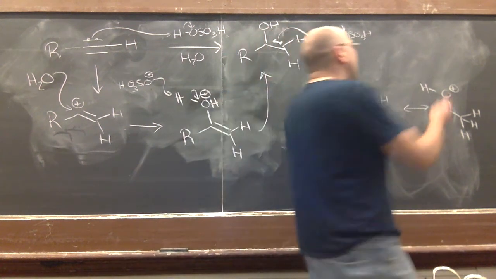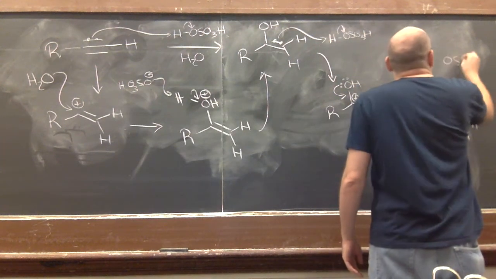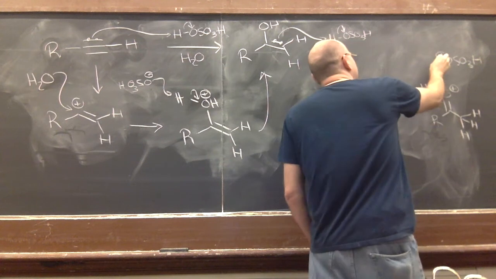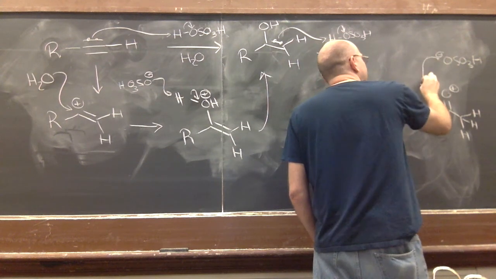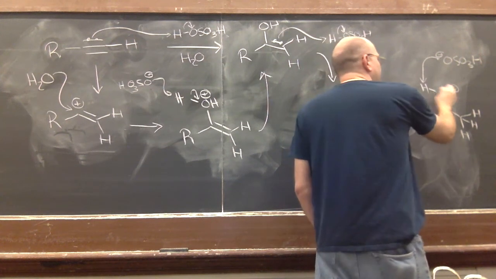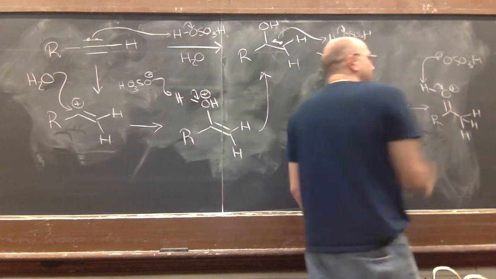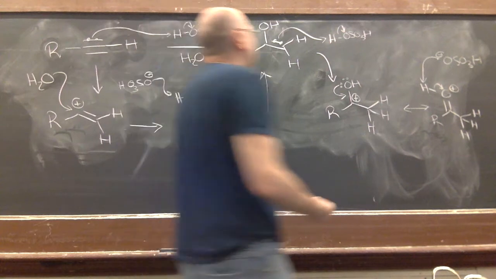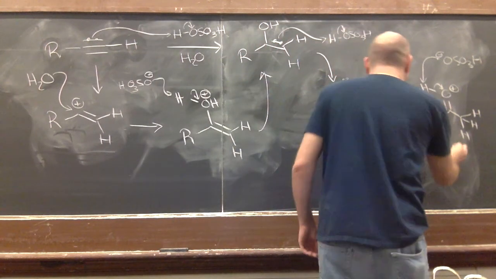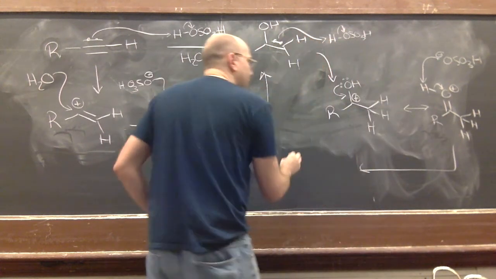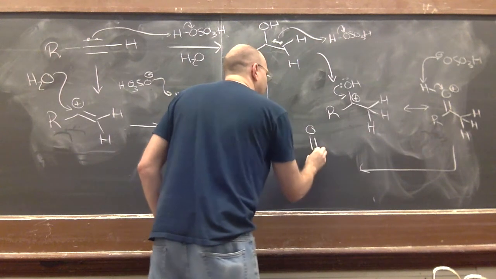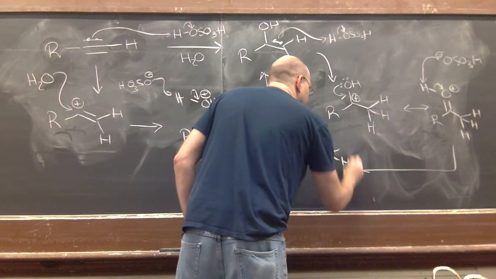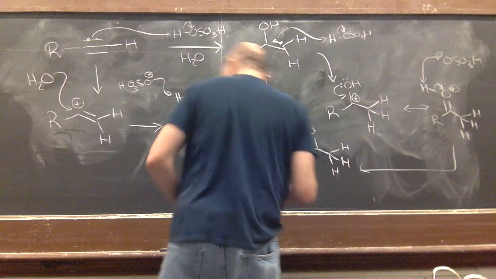And so what we'll do is take our base, you can use water here if you want, and I'm going to push the electrons from the base, and then move the electrons in here onto the oxygen. And through that process, the product that we are going to form is going to be this one there.